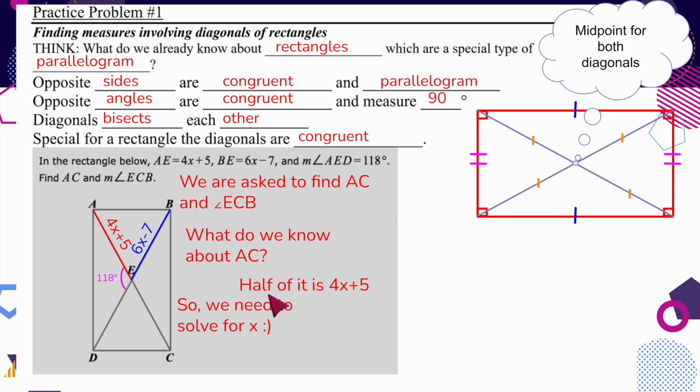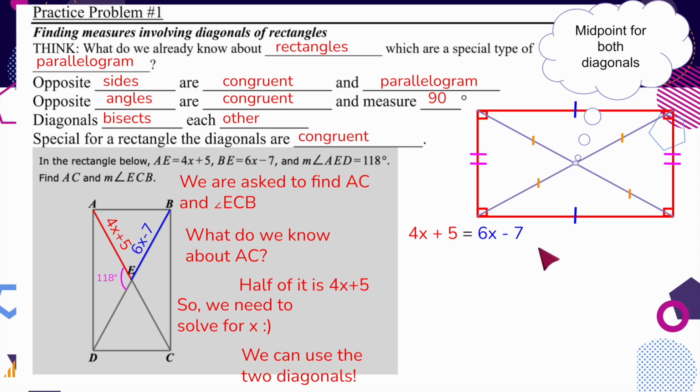So we need to know what x is, because if I know half of it, I could just double it. We can use the two diagonals, because these two pieces, just like this one up here, equal each other. This is a midpoint for both, and special for a rectangle, they're equal to each other.